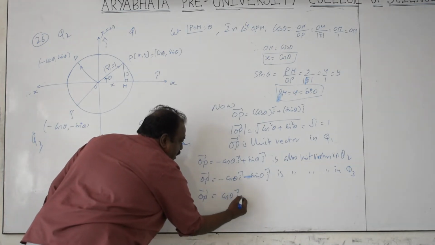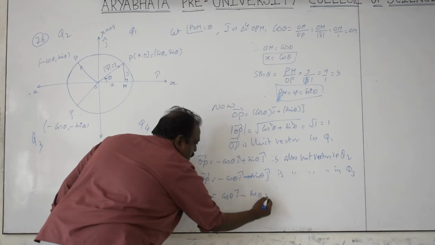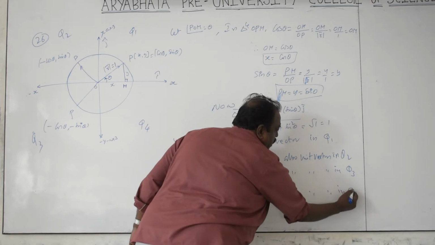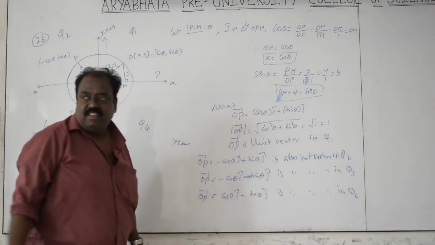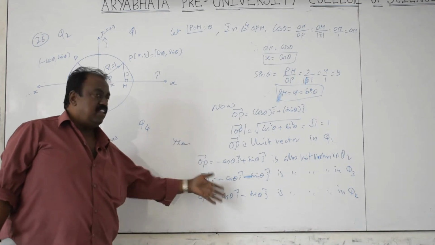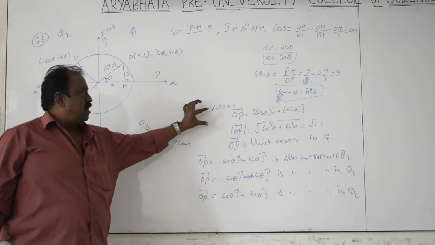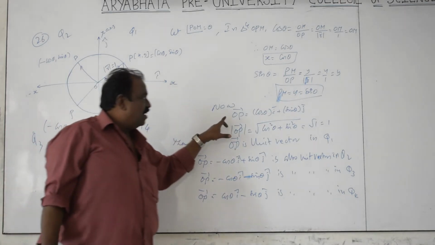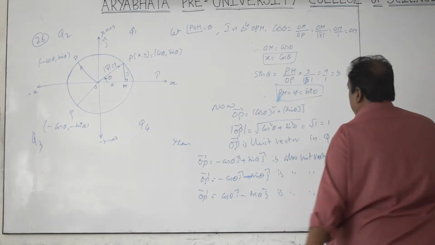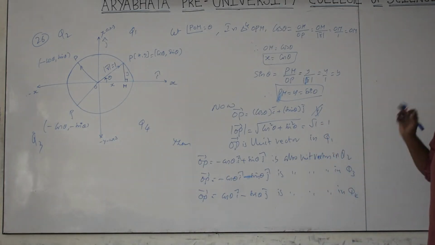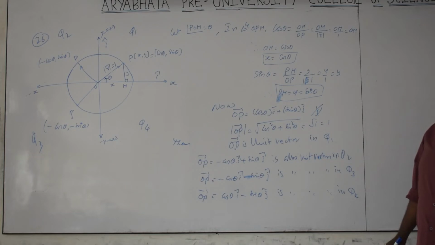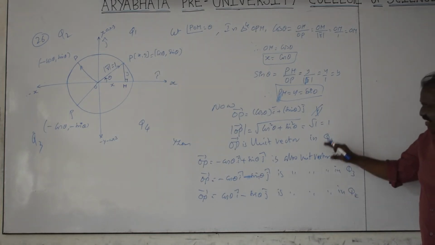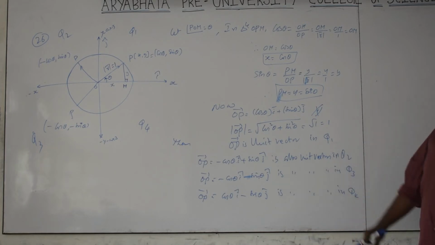Cos theta I cap minus sin theta j cap is also a unit vector in Q4. It's for your sake I am taking all these things. The required unit vectors, up to this one is enough. We are asked for all the unit vectors, but I am taking out the first, second, third and fourth quadrants only. It is extra, for your sake I am giving.